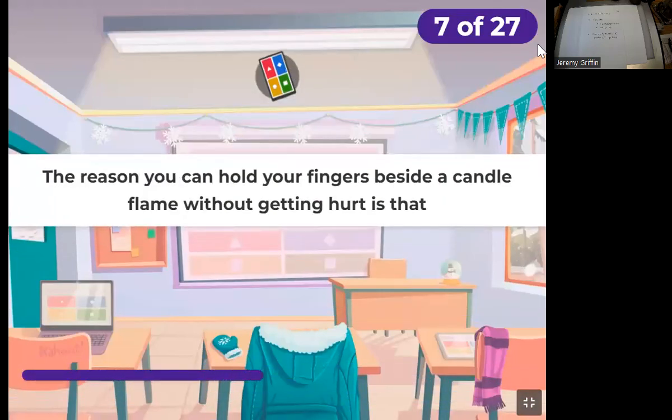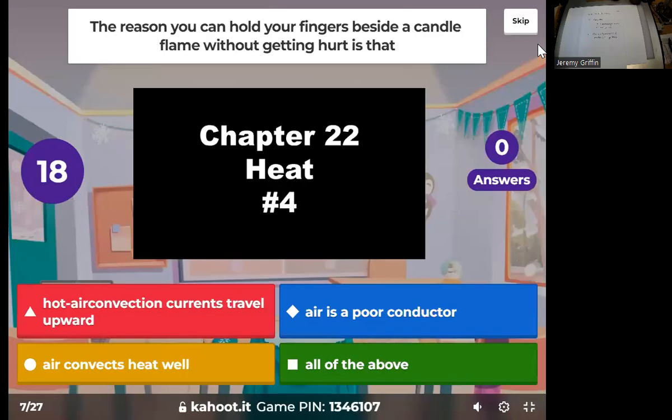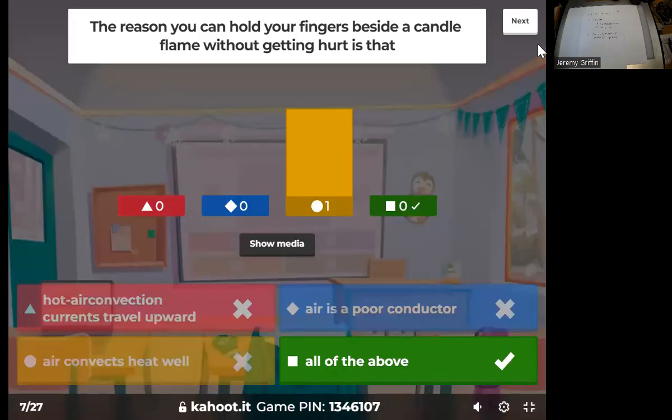The reason you can hold your fingers beside a candle flame without getting hurt. Those are all true statements. Convection currents travel upward.